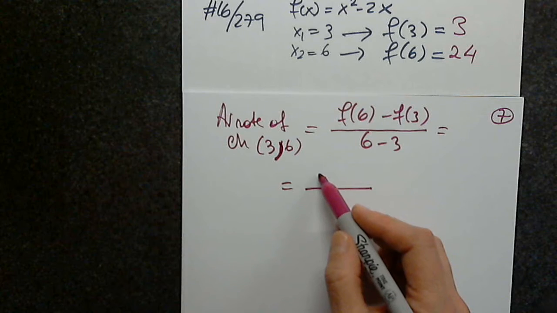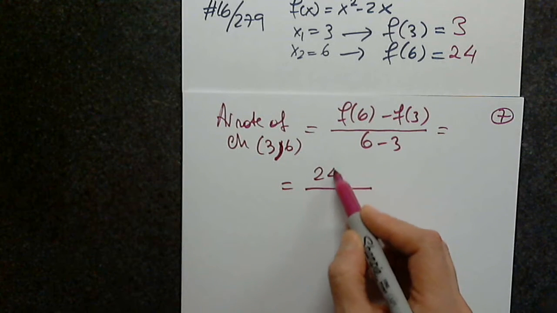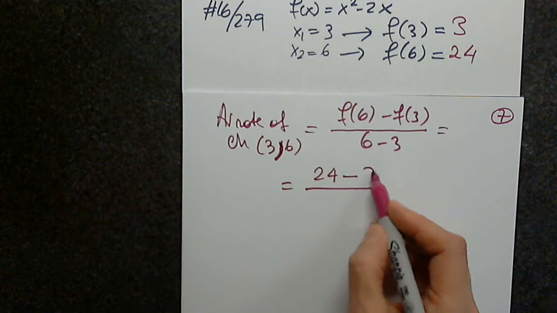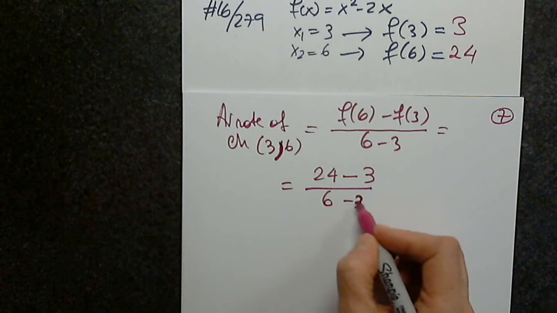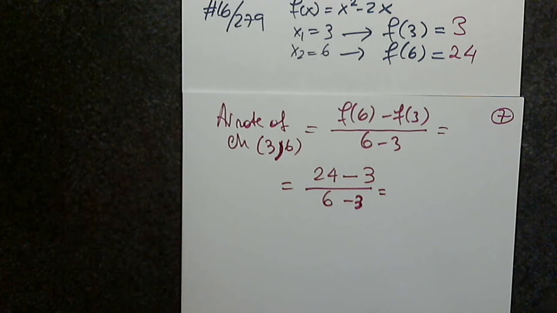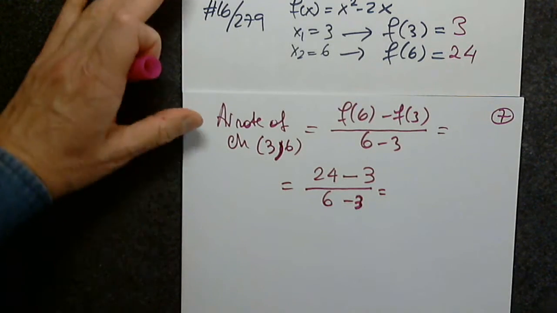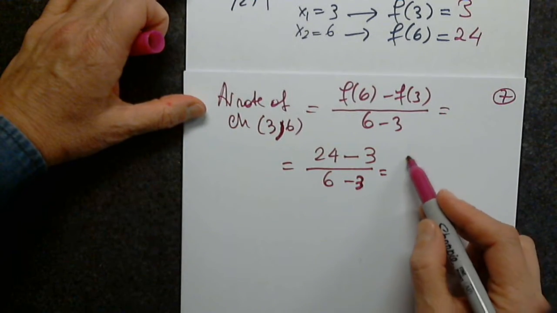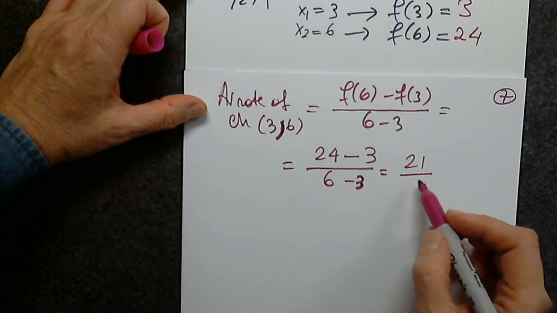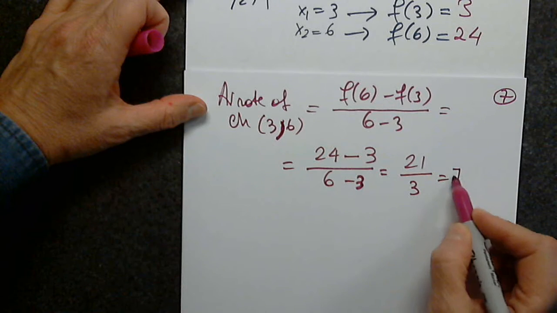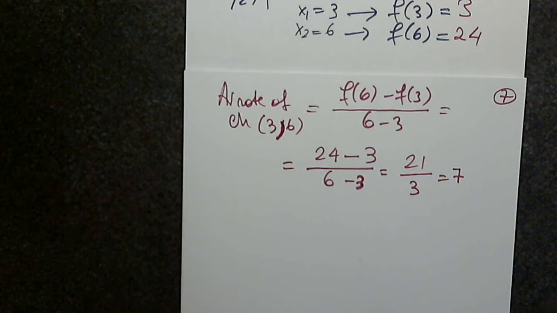We're just writing it over: 24 minus 3 over 6 minus 3. Do not try to simplify anything. Please be very careful. 24 minus 3 is 21, and 6 minus 3 is 3. Good. So the rate of change is 7.